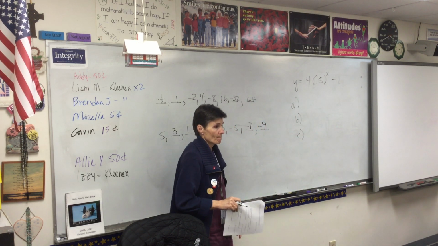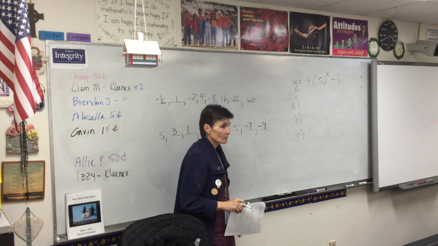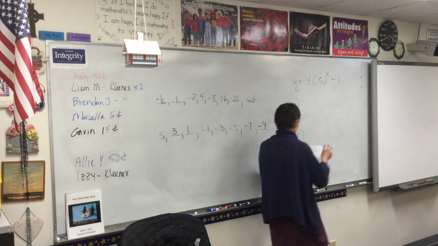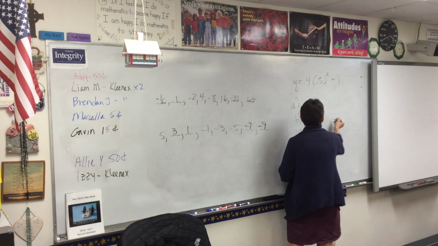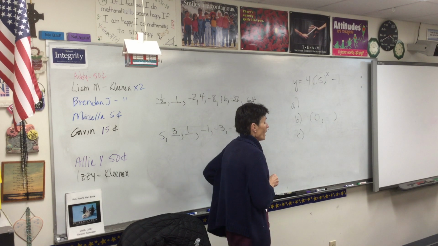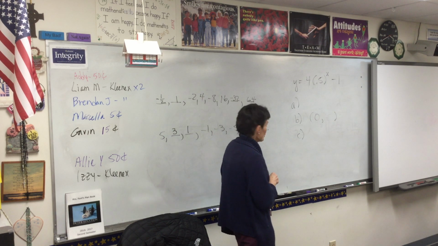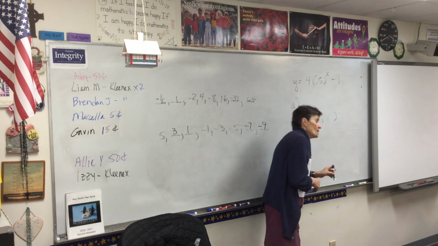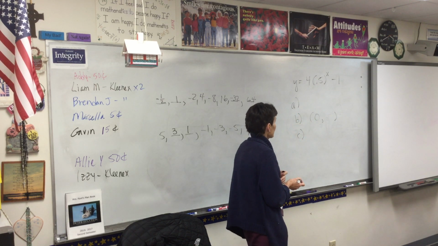Mamuna. The y-intercept, just plug in 0. Exactly. So the y-intercept, I got to plug in 0 for x. That's how you find the y-intercept in every equation anywhere in the whole wide world. We plug in 0 for x.